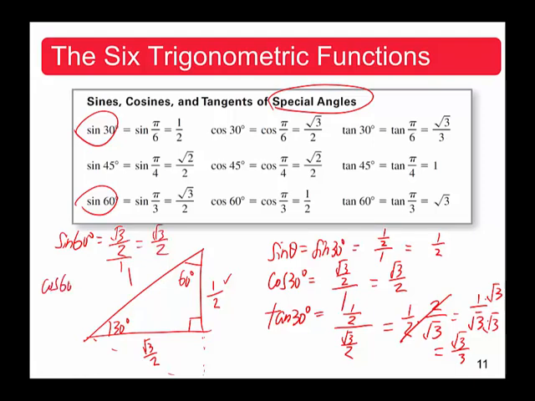Cosine 60 degrees is the adjacent side of the 60-degree angle, half over 1. It's half. And tangent 60 degrees is opposite radical 3/2 divided by half. That turned out to be radical 3. Okay, that takes care of the 30 degree and 60 degree angles.